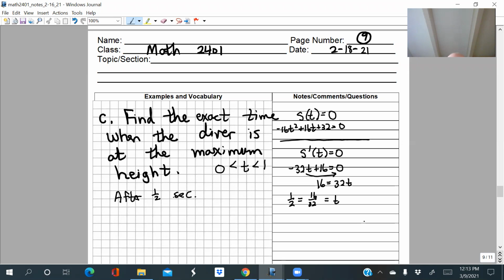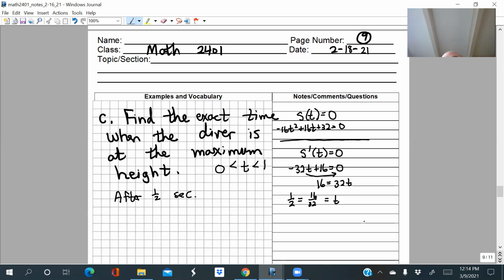And that turns out to be after 1/2 second. So the diver goes up for just 1/2 second and then starts coming back down again. That's because gravity is very powerful. It doesn't take long at all for gravity to slow the diver down, and then it starts bringing the diver back down to the water.